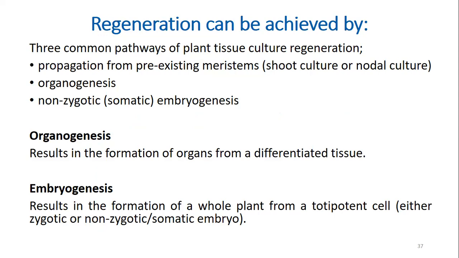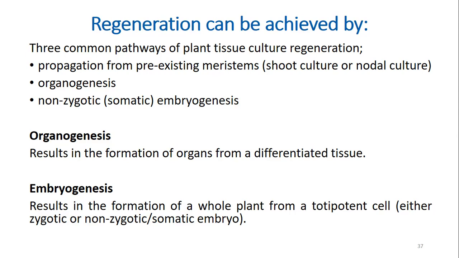So as I mentioned, regeneration can be achieved through either organogenesis or embryogenesis. There are three common pathways of plant tissue culture regeneration. The propagation from pre-existing meristems, which is either from the shoot meristem or the root meristem, and you can use shoot culture or nodal culture for these methods.